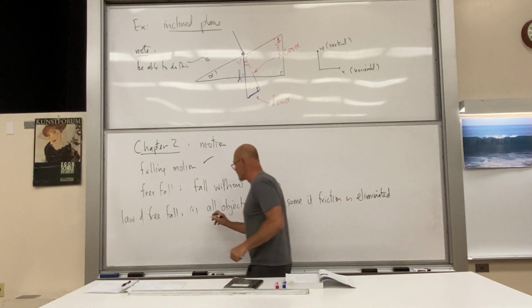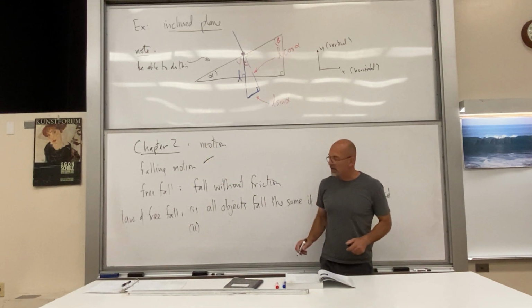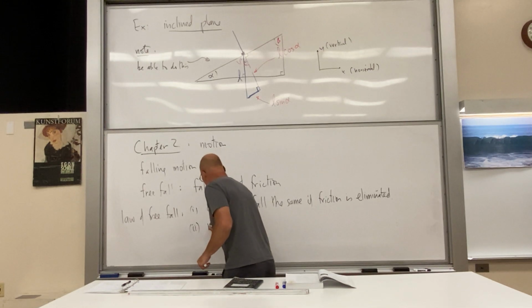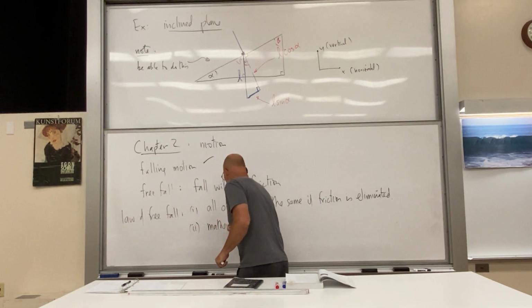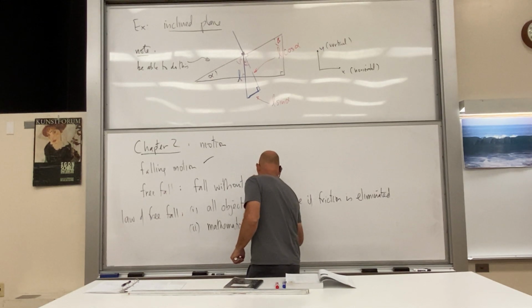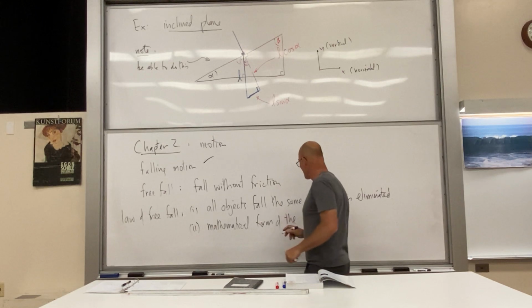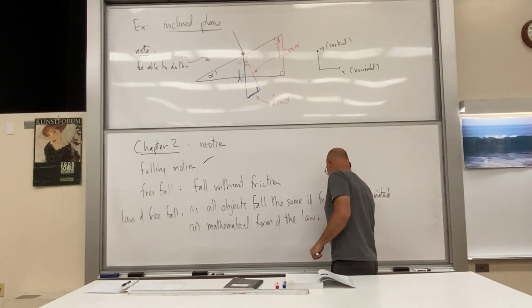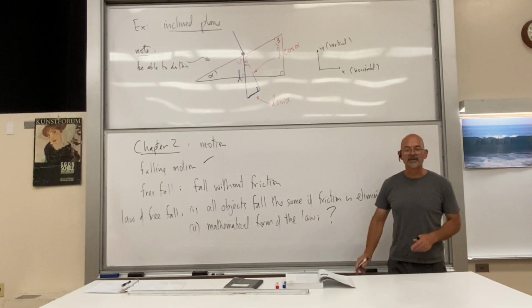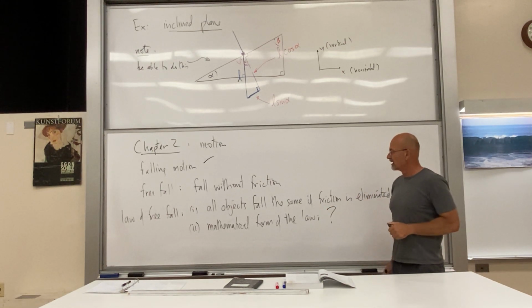And the second part of the law of free fall, its mathematical form, of the law. Well, right now it's just a big question mark. We have to discover the mathematical form of the law, and then we'll have something.